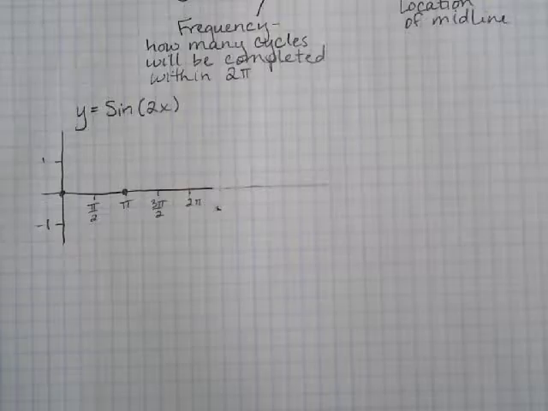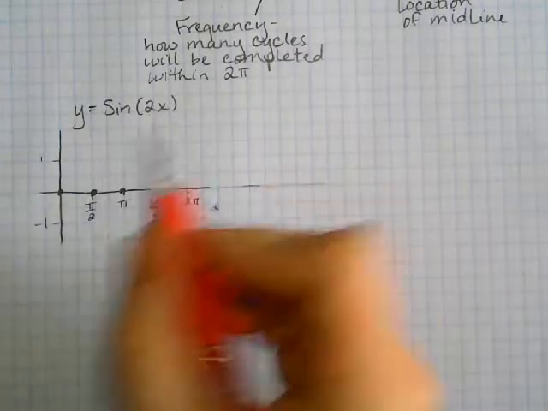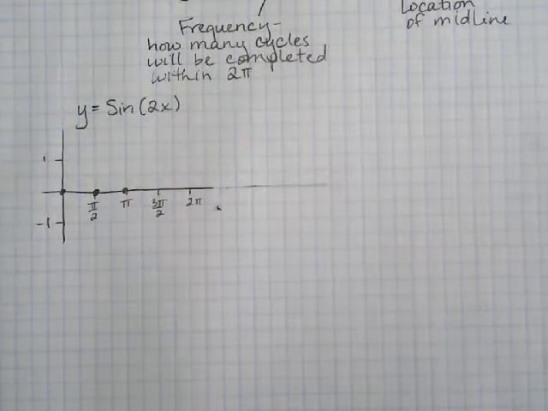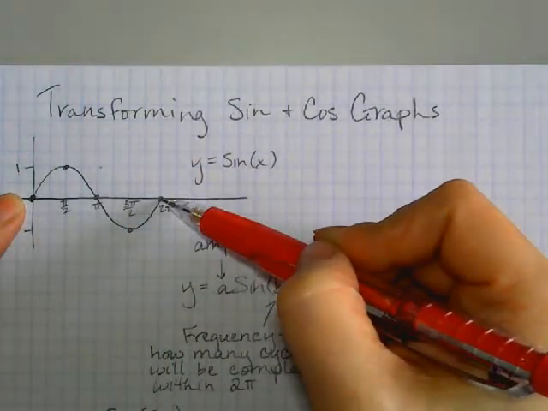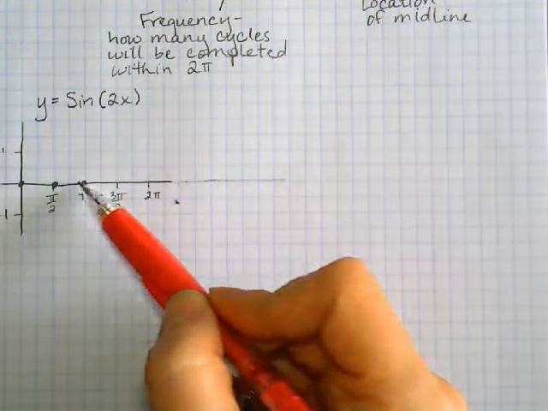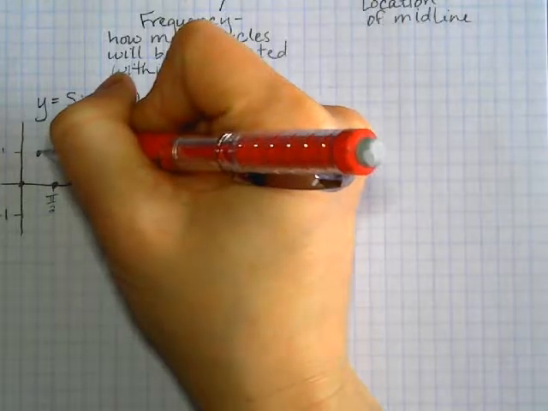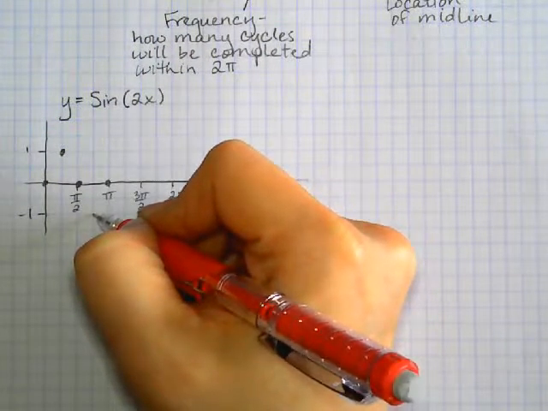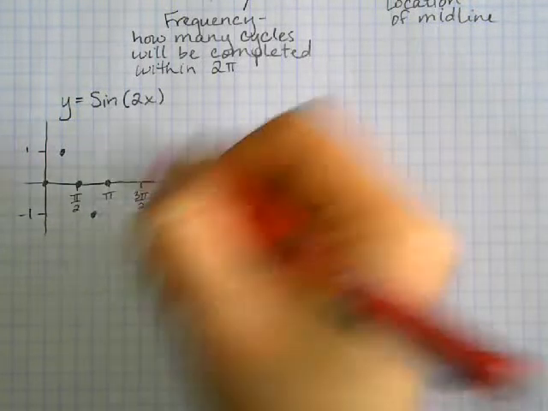And if I were to continue this, and I'm going to do so in a dashed line, because I only want one cycle drawn here, I would be completing 2 cycles within 2 pi. So this right here is 1 cycle, which makes my period length equal pi.